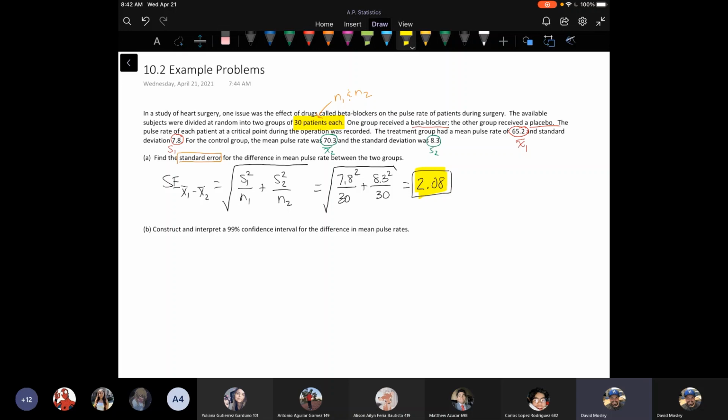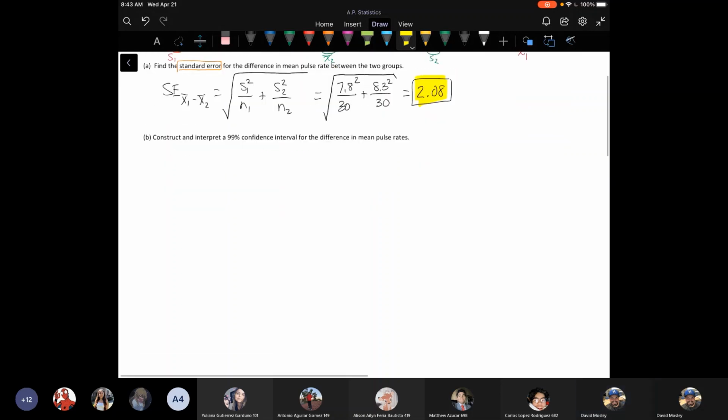All right. Is there anything I can clarify about this first part A here in this question? Then we'll move on to part B. All right, so in this case, we see construct and interpret a 99% confidence interval.